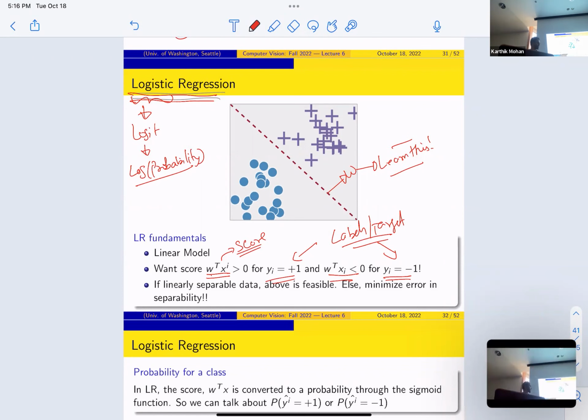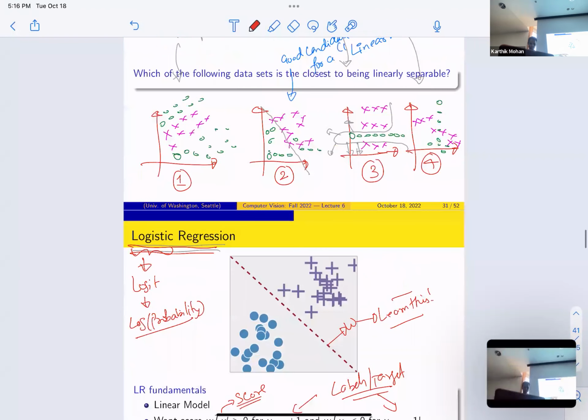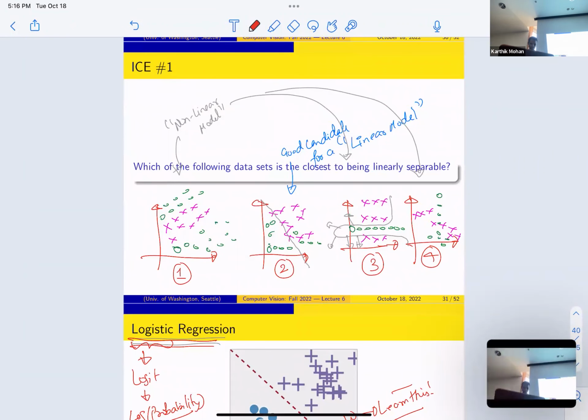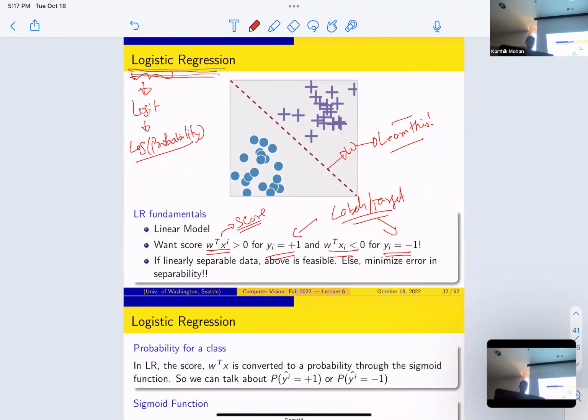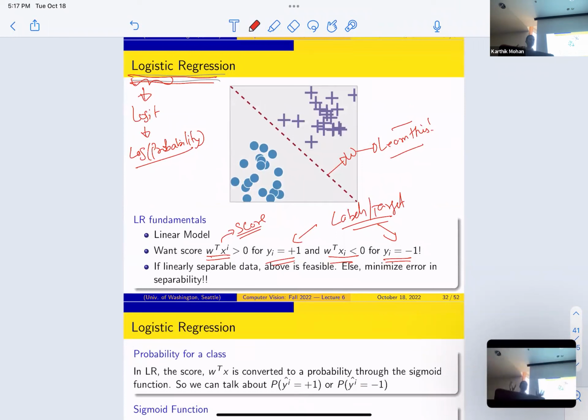For some data points, like maybe here for this guy, you might still say it's positive class and it's actually negative. But for most of them, you're going to say it's positive and it's positive, and negative and it's negative. That means you want the scores to be right for most of the data points. And you can have a few errors here and there. But you want that error to be as small as possible.